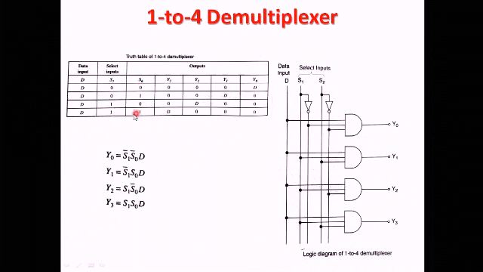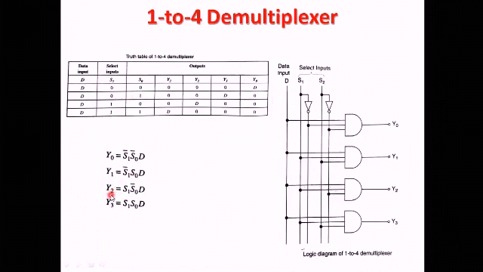So from the truth table, we can write the expressions like this: Y0 is equal to S1 bar S0 bar into D. Why S1 bar and S0 bar? Because S1 is 0 and S0 is also 0 in this case. Next, Y1 is equal to S1 bar S0 into D, because S1 is 0 and S0 is 1.